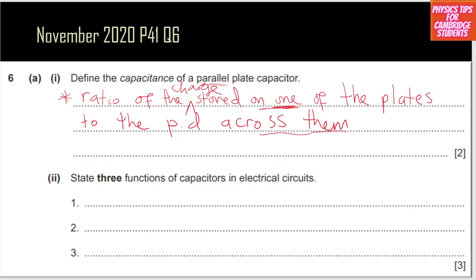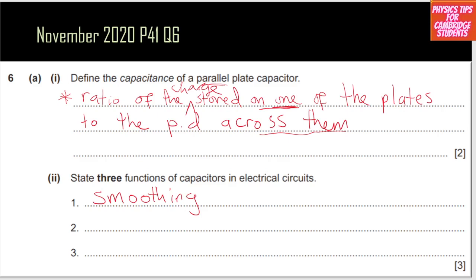Now then the little 2 says state 3 functions of a capacitor in electrical circuits. The major ones that should come up to your mind is the smoothing. Remember, when you convert AC to DC, you use diodes. Then after that, you need to connect a capacitor in parallel with the load so that you smooth the DC signal.